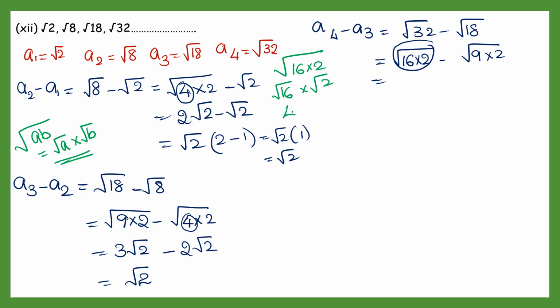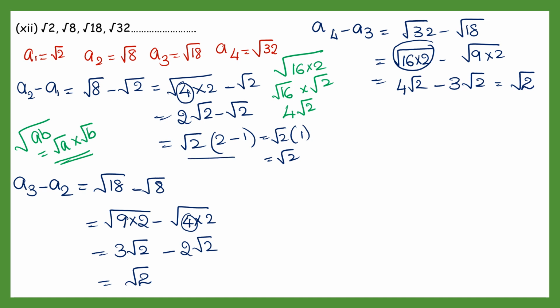Root 16 is what? 4. So, 4 root 2. Here root of 9 into 2 means root 9 into root 2. Root 9 is nothing but 3. So, 4 root 2 minus 3 root 2, you get 1 root 2.